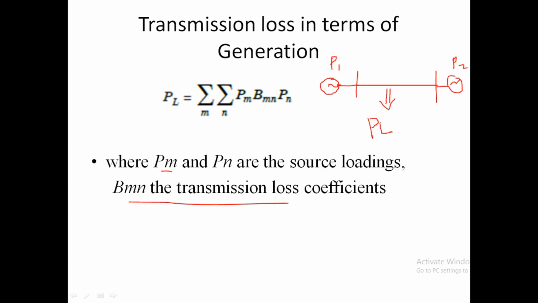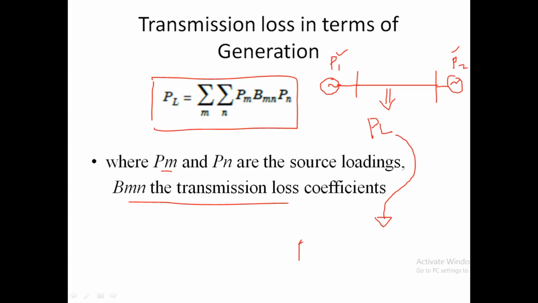So this transmission loss of this line always depends on what? The generation at bus 1 and bus 2, or generation of each plant P1 and P2. How are we finding this PL? That relation is obtained by using this equation, PL equal to sigma m sigma n PM BMN into PN. So consider the first bus P1.